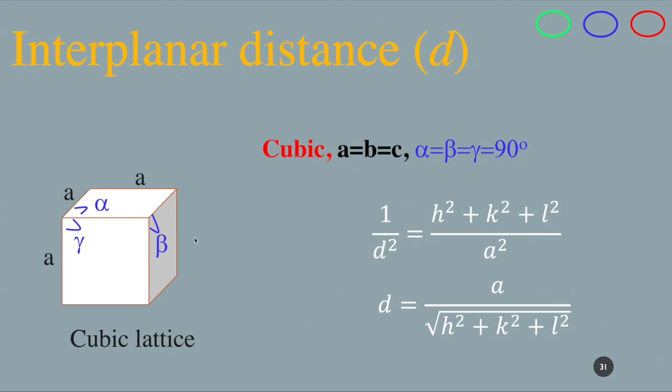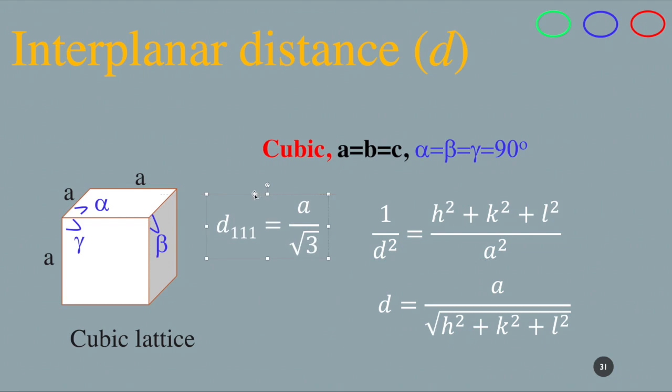Now, if we know the type of planes, we can actually calculate. For example, if it is a 1 1 1 plane, we have the square root of 3. So this is the relationship between d and the lattice parameter, the d spacing for the 1 1 1 plane.